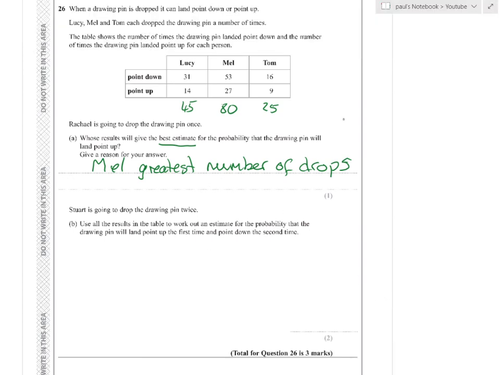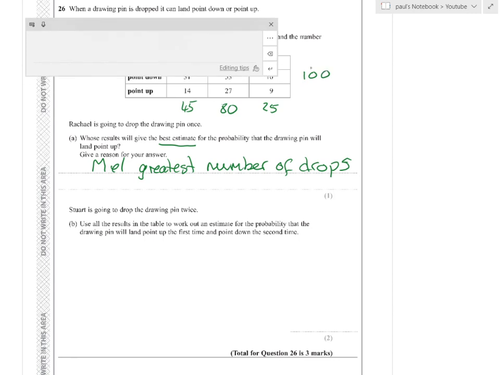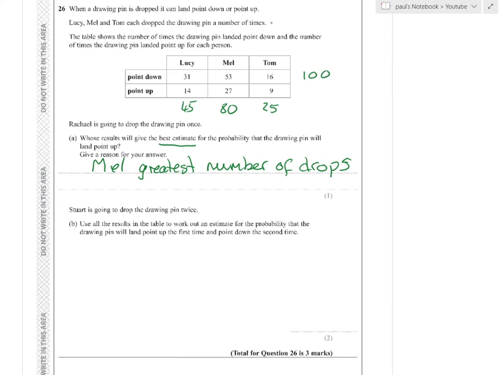So point up is 31 plus 53 plus 16 equals 100. So we've got 100 point ups, and point down is 14 plus 27 plus 9 equals 50, 50 point downs.